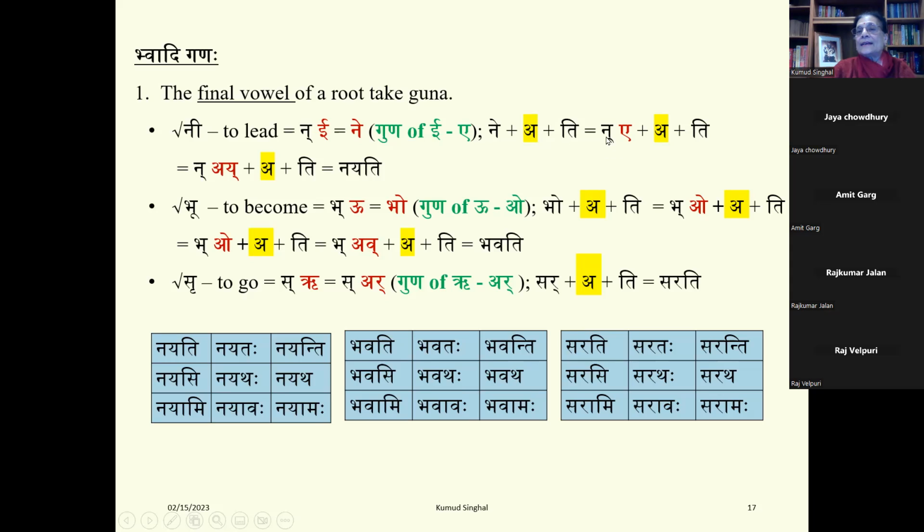The purva roop sandhi does not take place here. The e becomes ay, right? It will not become an avagraha, like you usually would with e plus a. It doesn't happen in these verb forms.